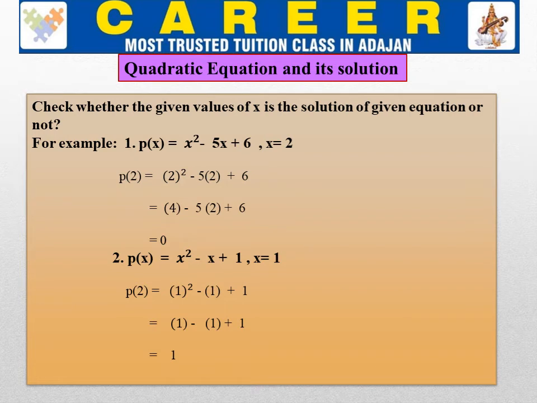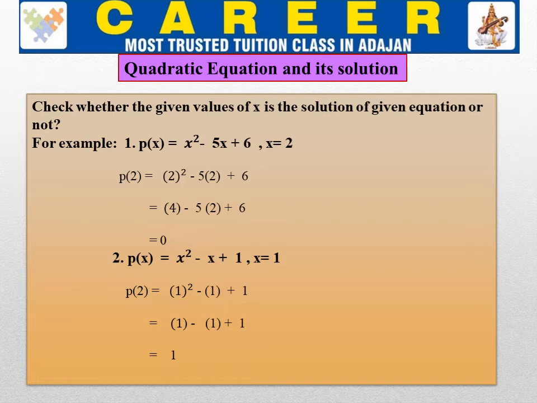The next point is the quadratic equation and its solution. Check whether the given value of x is a solution of the given equation or not. As we see in chapter 2 also, some values are given and you check whether the given value is the solution, the root, of the equation or not.